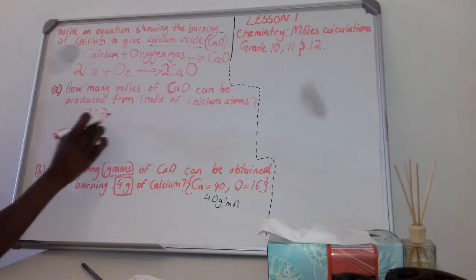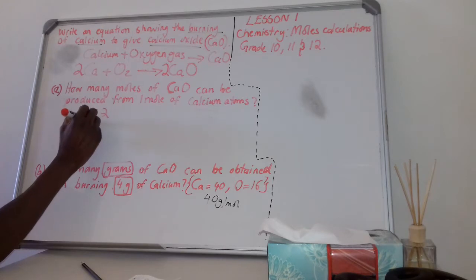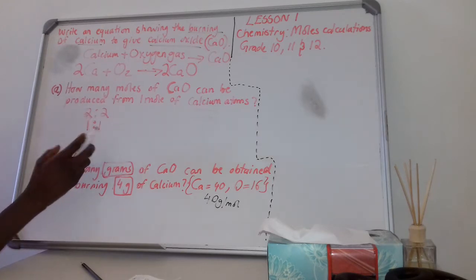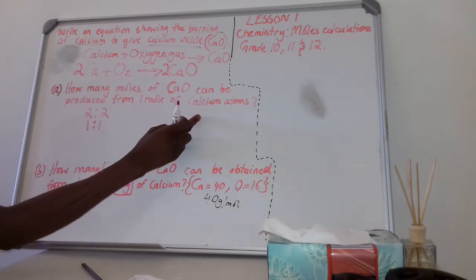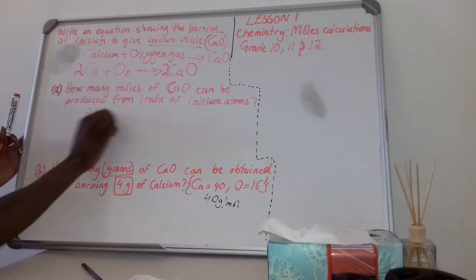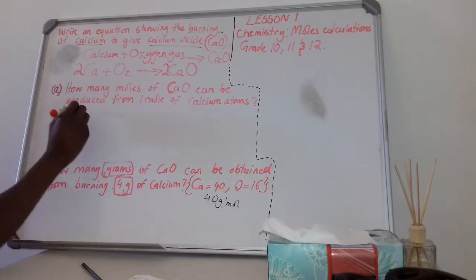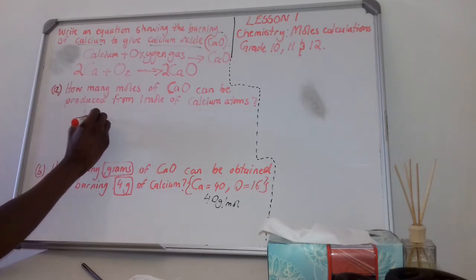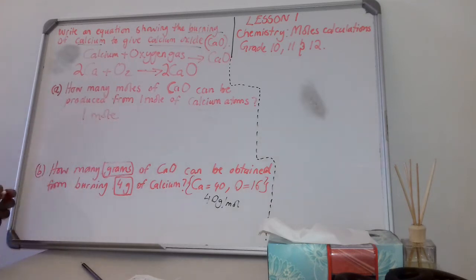Remember that this can be simplified to 1 to 1. So 1 mole of calcium atoms will give us 1 mole of calcium oxide. So the answer here will be 1 mole. That's the answer for part A.